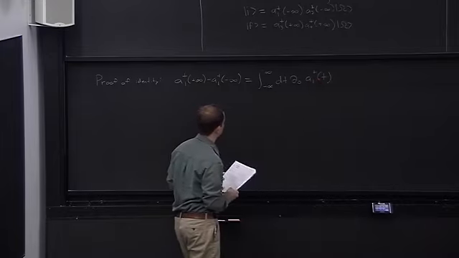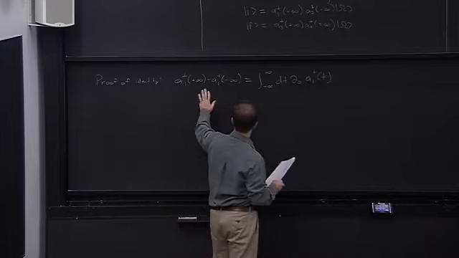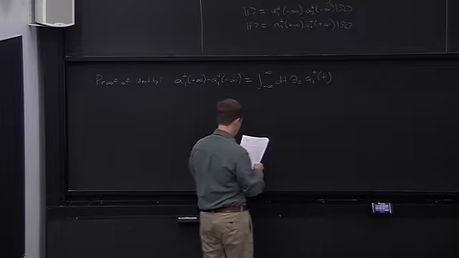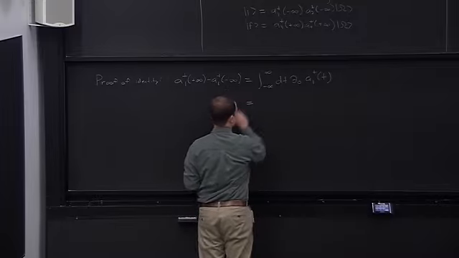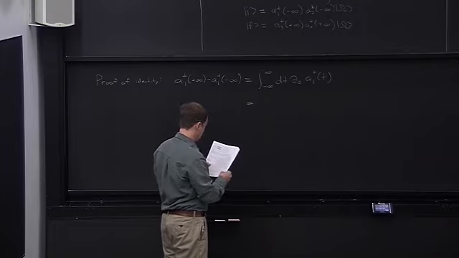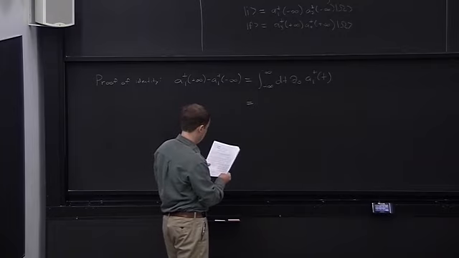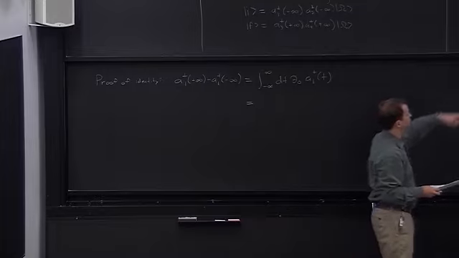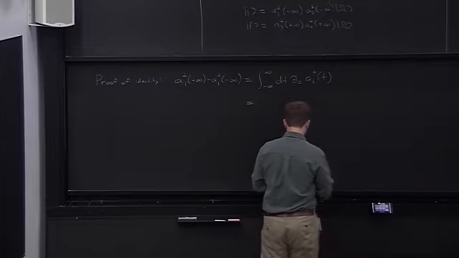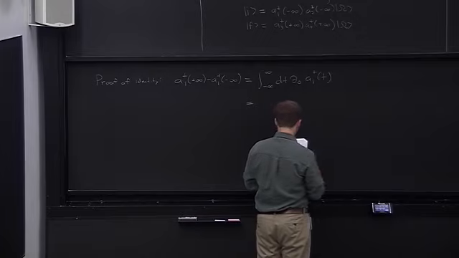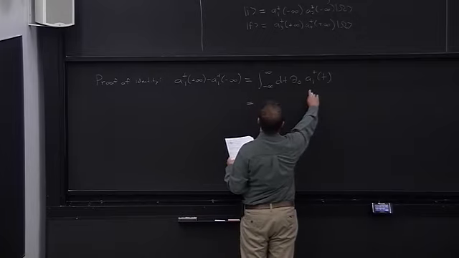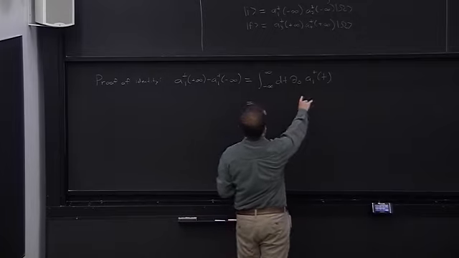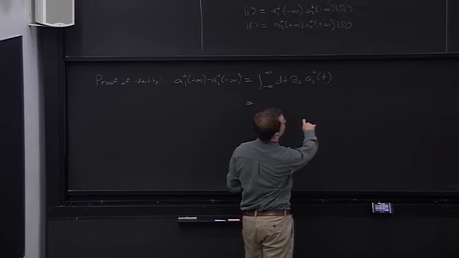This is just an integral we can do. Then we can plug in the result from tutorial yesterday for creation operators and our definition of a1 dagger of t.